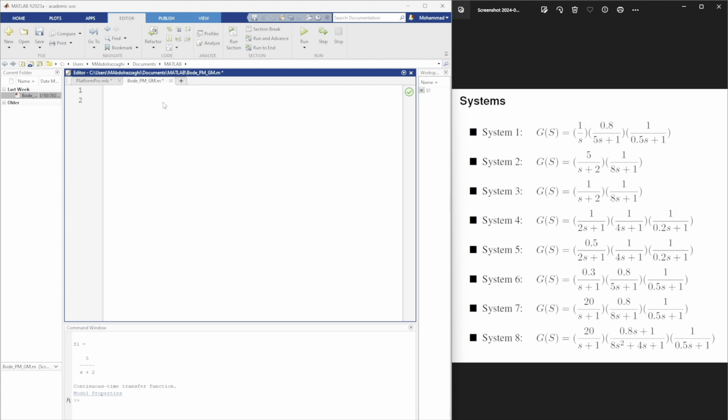So I would say, for instance, G could stand for one of these systems, and I would use TF as a transfer function, so that I can use 2 brackets, comma, another 2 brackets. The first 2 brackets will include the coefficients of the numerator, and in this case, as I'm going to use 1 over s, the numerator has a coefficient of only 1.